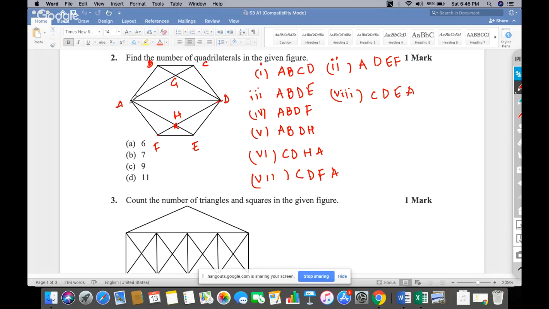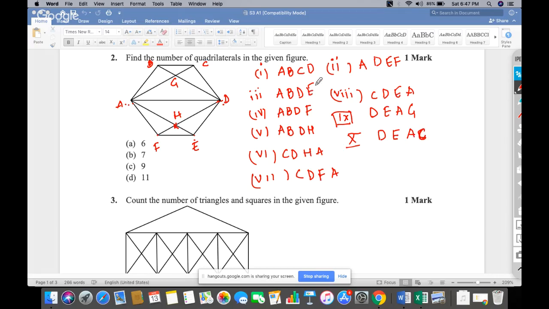Now I started from A, then B was included, then I went to C. Let me start from D. So if I start from D, I have ninth one as DEAG. 10th one as DEAC.